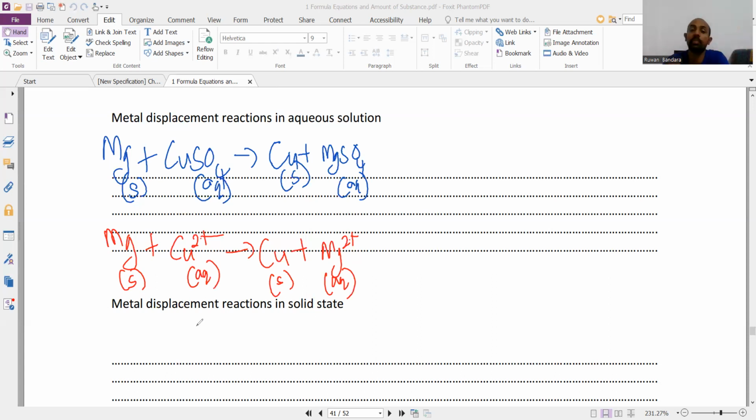What you can see if you are going to do this reaction?